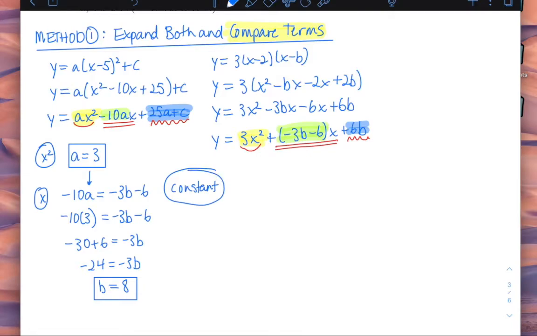Lastly, we're going to look at our constant term. So we've got 25a plus c equals 6b. We know that a is 3.